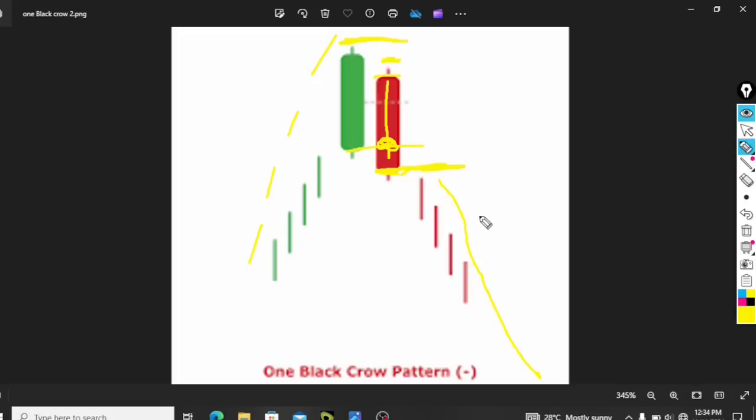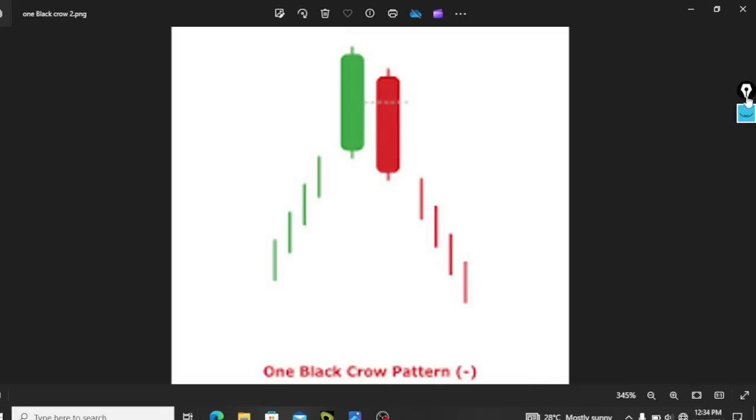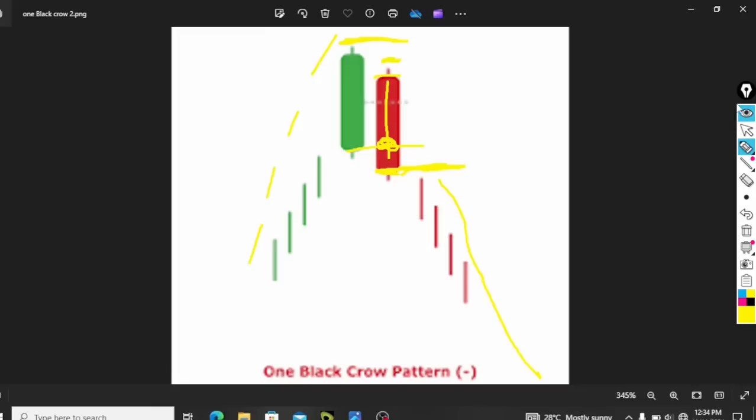So it is a setup that you can trade anytime, any day, and you expect your trade to be successful. The success rate is very, very high, as I've shown you before. So it's a setup that you cannot afford to miss any time that you see it in the market. So be on the lookout for it, and then trade it with confidence, and you will make your gain.